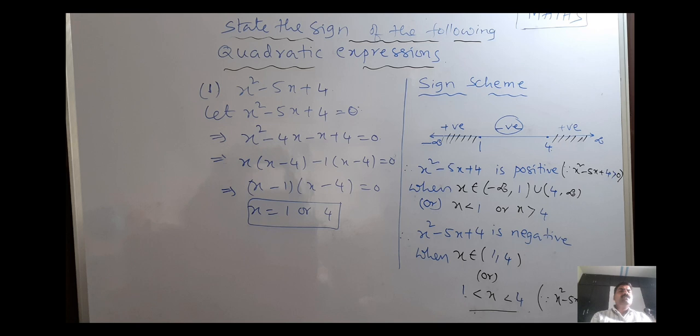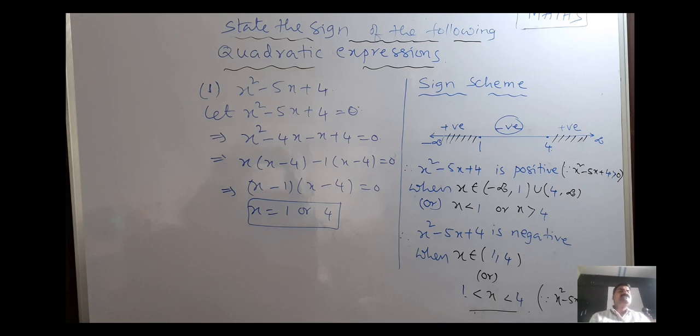So the first one is 4, the last one is also 4, 4 plus 4 is 8, minus 10 which is minus 2. So obviously negative. Like this you can check with any other number also. You can go with 2, you can go with 3, or 1 point something, but not 1 and not 4. In between 1 comma 4, any value you can check. Hence the given quadratic expression is negative.